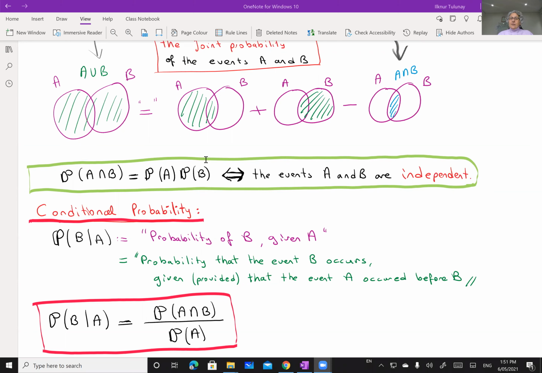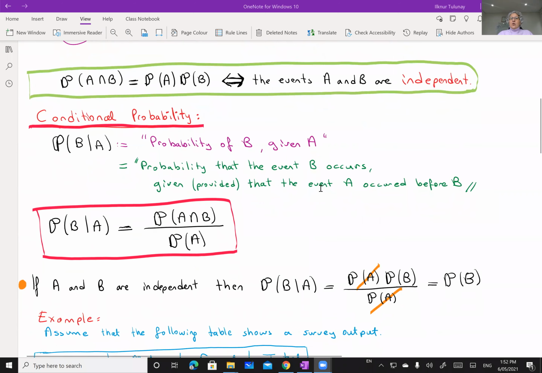Take some time to understand this concept. When you look at this and think about the independence of occurrence, it will make sense. This concept gives us conditional probability. So what is a conditional probability?